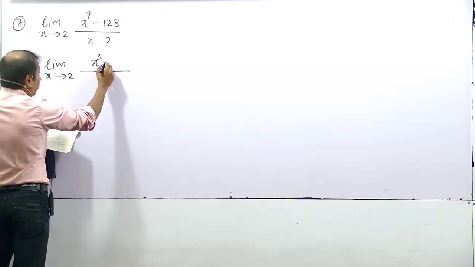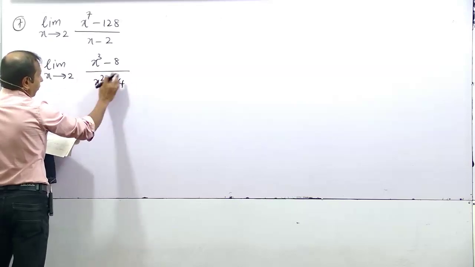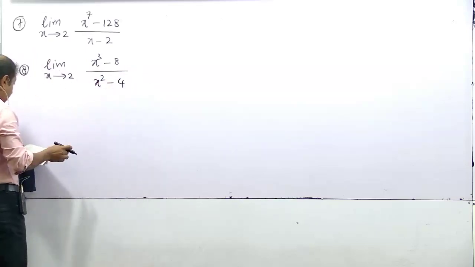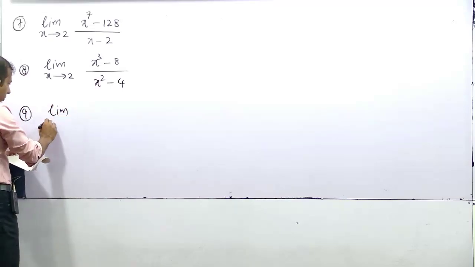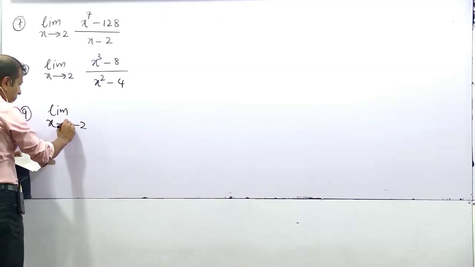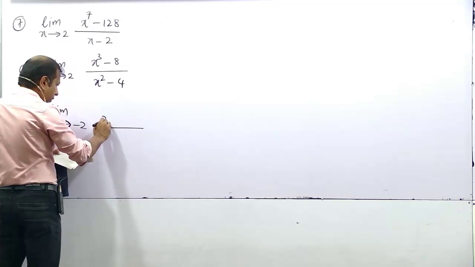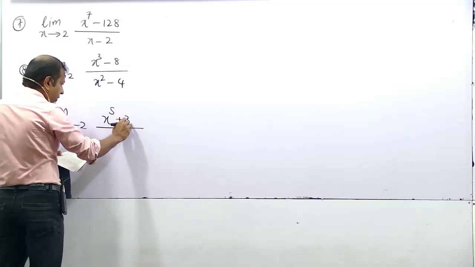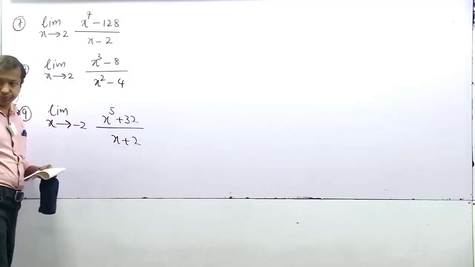Limit x going to 2 of x cube minus 8 divided by x squared minus 4. Number 9. Limit x approaches minus 2 of x power 5 plus 32 divided by x plus 2.